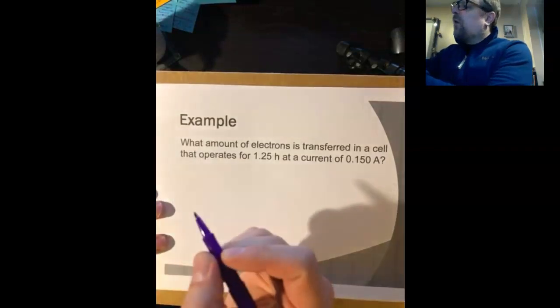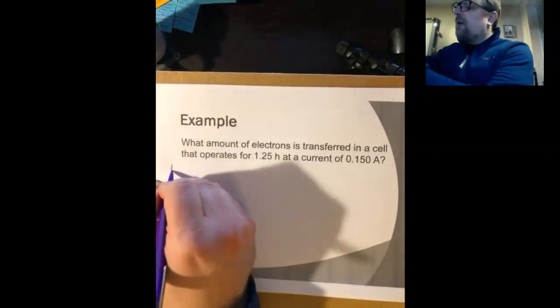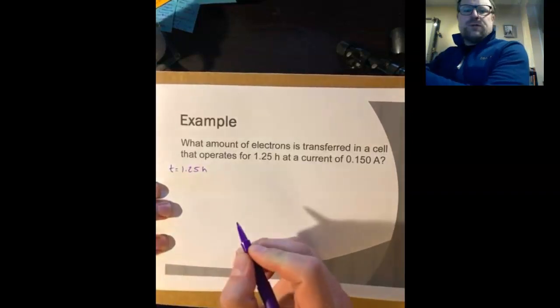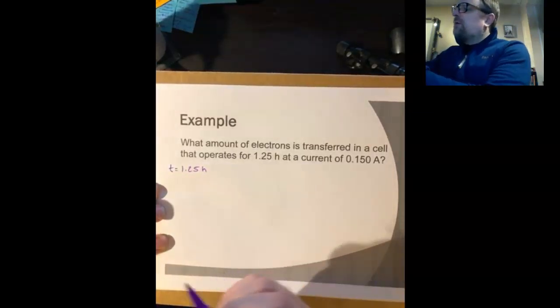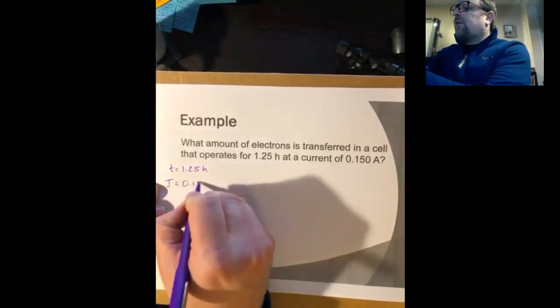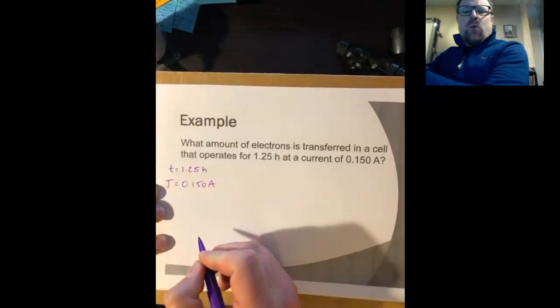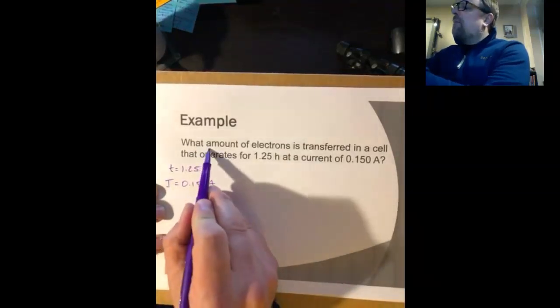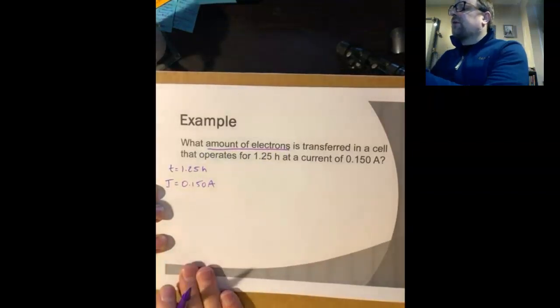Okay, so as we always do with our questions, I am going to slide this over a little bit so you can see the paper. I'm going to write down what we know. So we know that we have a time of 1.25 hours, and we also know that we have a current of 0.150 amps. And what the question is asking us to figure out is what amount of electrons is transferred.